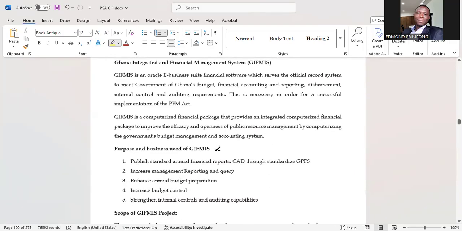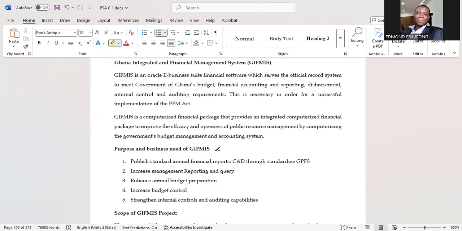So I mentioned GIFMIS. Let's do GIFMIS proper. In short and summary, all I can tell you about GIFMIS is that it is an Oracle software used by the public sector in handling payments, preparing budgets, procurement, HR management, and others.